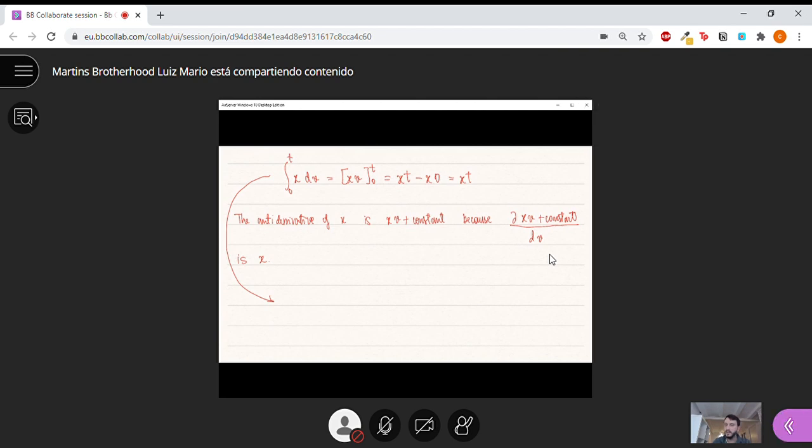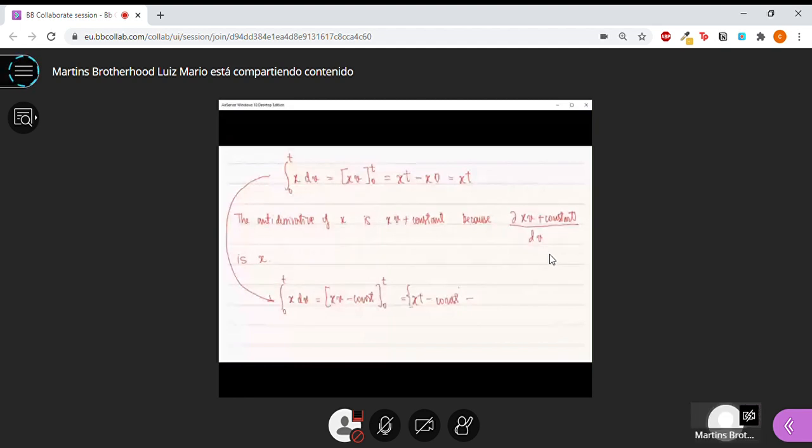Okay, so that may be the graphical interpretation. I need to think about the graphical one, but look, the algebraic interpretation is very simple. So the upper limit evaluated, xt minus constant, and then minus this function evaluated at the lower bound.